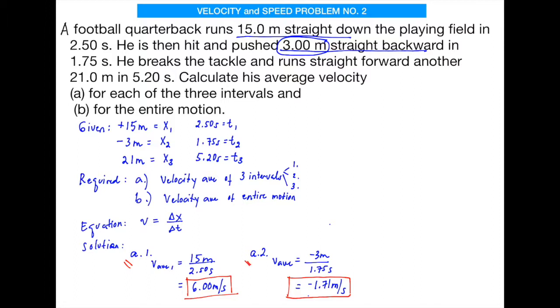Now, how about for A3? Still we have average velocity. And then we have here 21 meter divided by 5.20 seconds. And that is simply equivalent to 4.04 meter per second. So this will be our answer on our third interval.